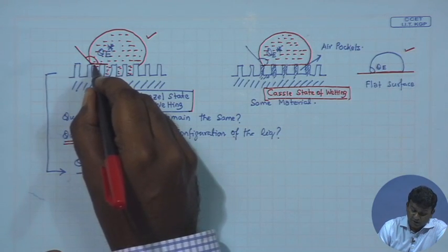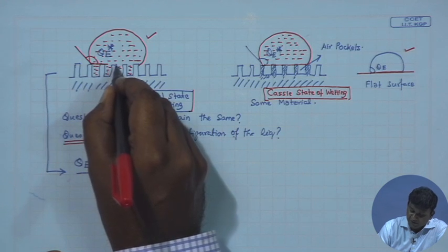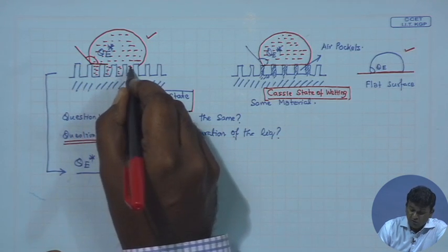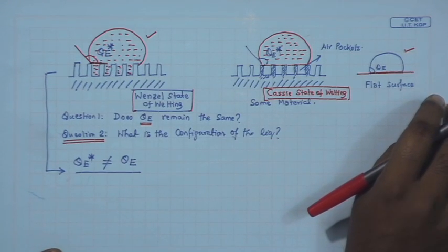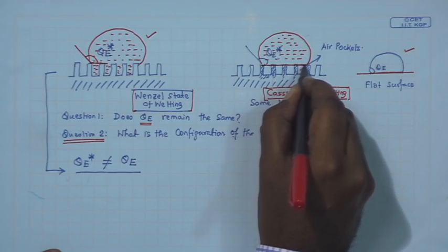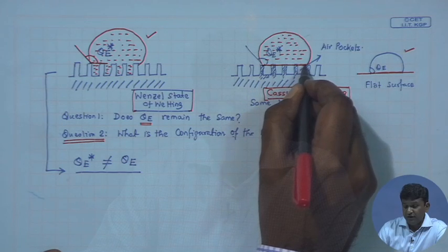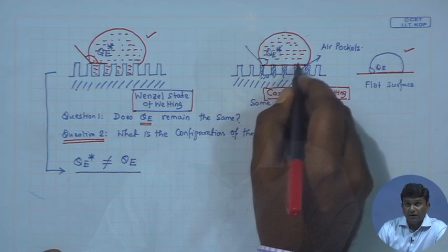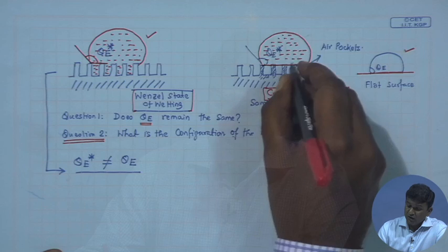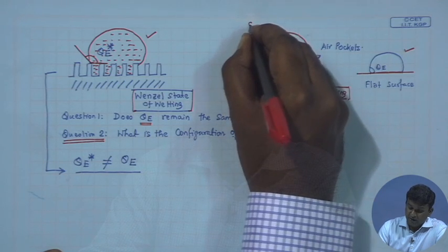However, in this particular case it is not flat, it is structured, but the liquid conformally adheres to the surface structure. In contrast, here something more exciting takes place. Here the contact area is no longer a solid liquid contact area only, but it is a composite solid liquid air contact area.